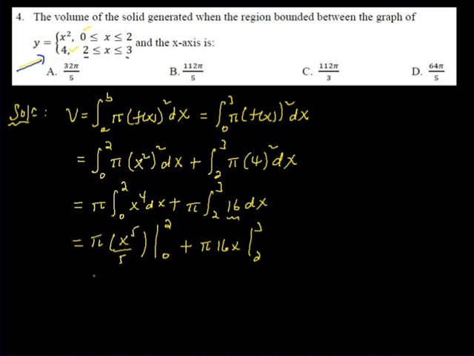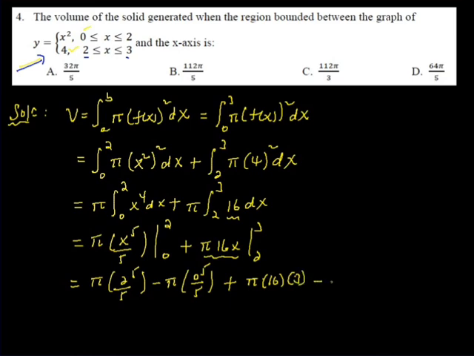Now substitute 2 in the first expression: 2 to the power of 5 over 5 minus pi times 0 to the power of 5 over 5, plus, again, let's come to the next term, pi times 16 times 3, substituting 3 first, then pi times 16 times 2.